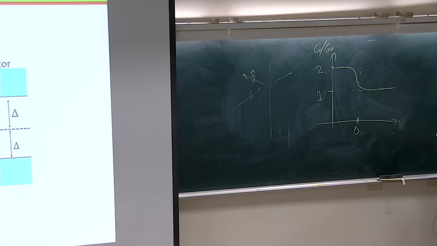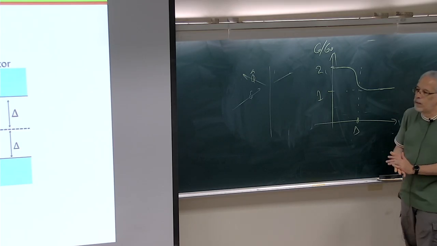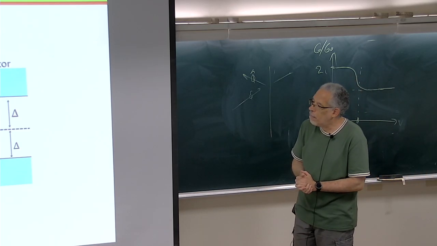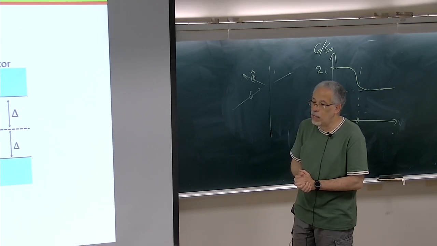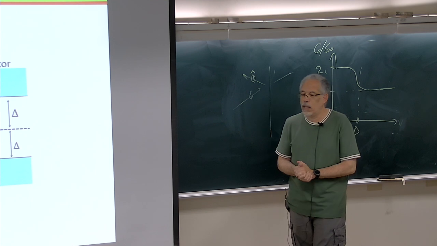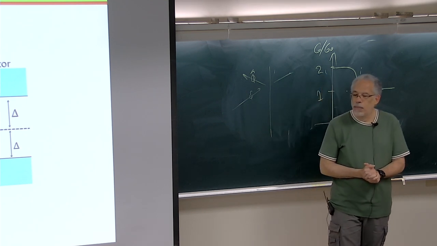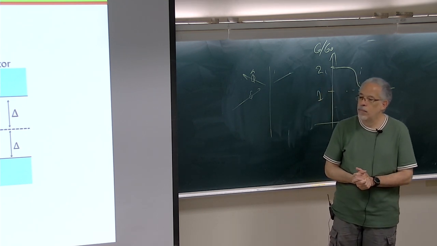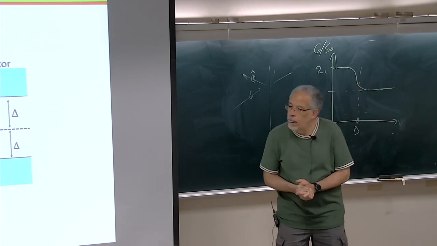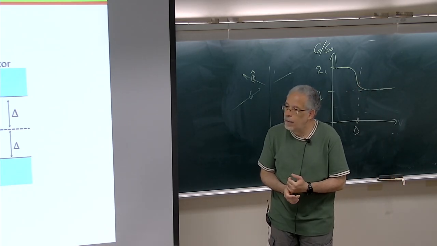Yes, Andrea. What's the range of the axis, or the typical superconductor gap? The values of delta? Yeah, it's in the millielectron volt. And if we replace this normal metal by a semiconductor, there is a band gap.